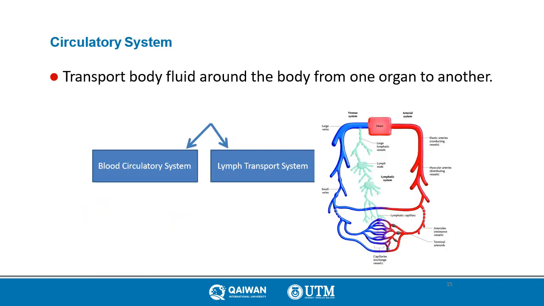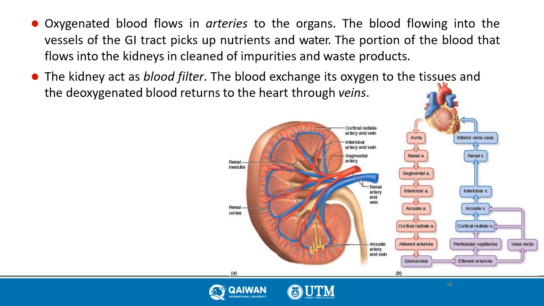The circulatory system transports body fluid around the body from one organ to another, divided into the blood circulatory system and lymph transport system. Oxygenated blood flows in arteries to the organs, the blood flowing into the vessels of the GI tract, picking up nutrients and water.